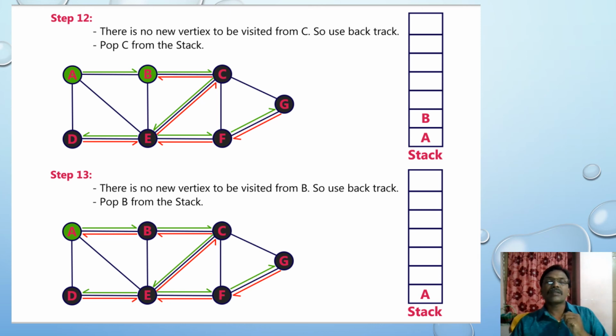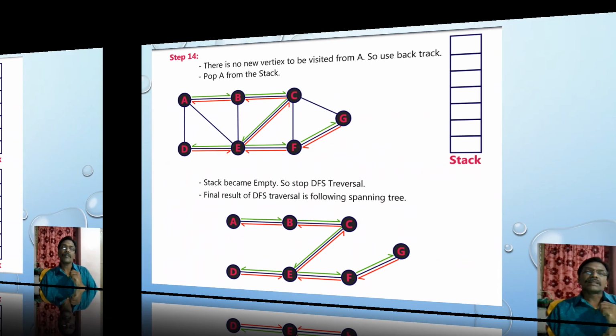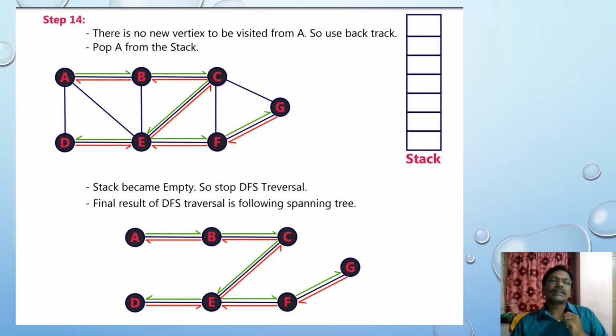So using backtrack, move to A, and B is popped. Then check A's adjacent vertices, that is D, E, and B. All are visited vertices, no non-visited vertex in A. So move to backtrack, which is none, that means A is popped.